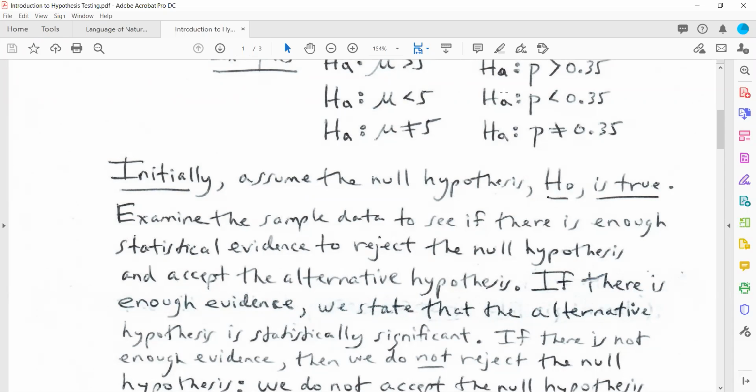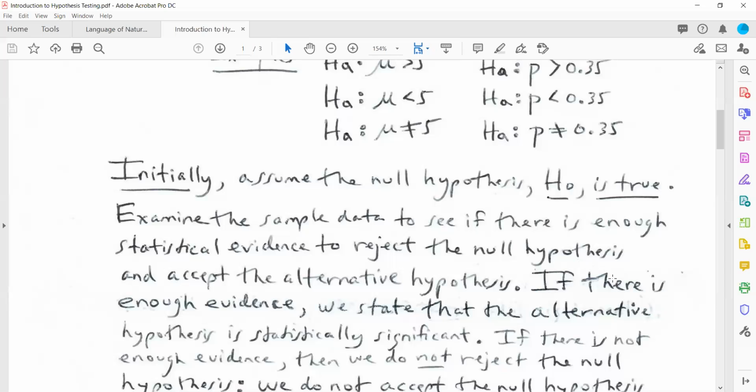Now, again, if we don't have any numerical way of doing this, then people are going to disagree. So there has to be a numerical way, some procedural way of testing how far away that sample statistic needs to be for you to reject the null hypothesis. So that's what we're going to learn how to do.